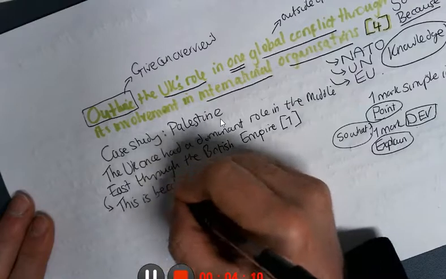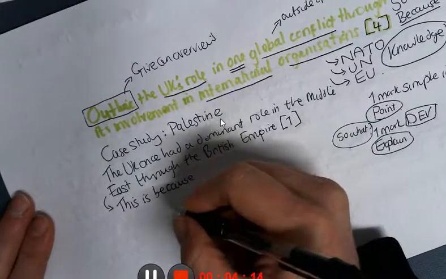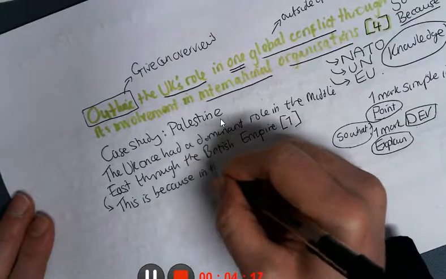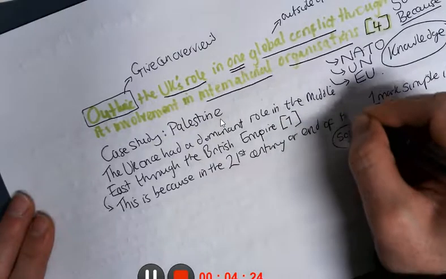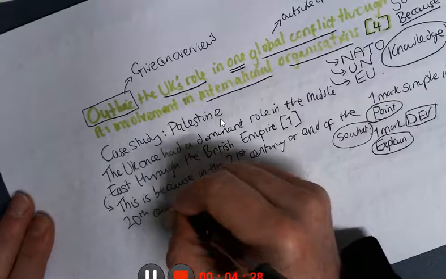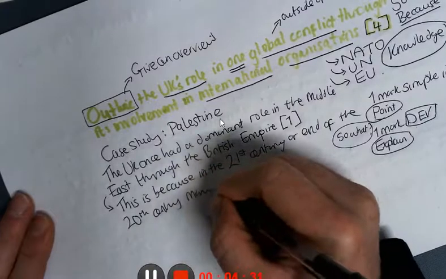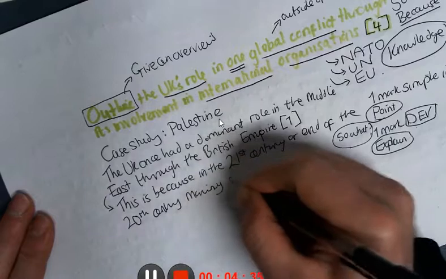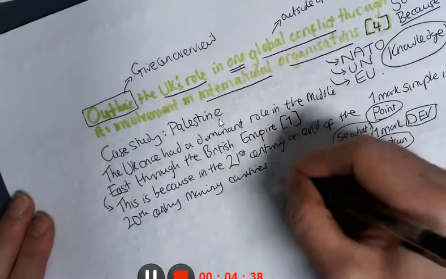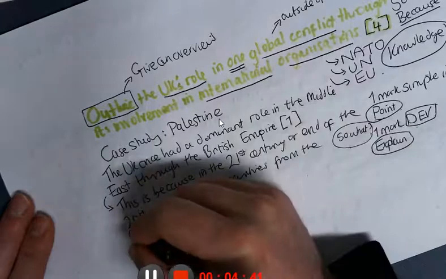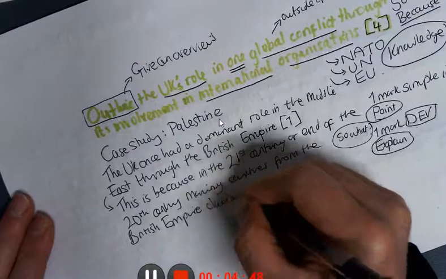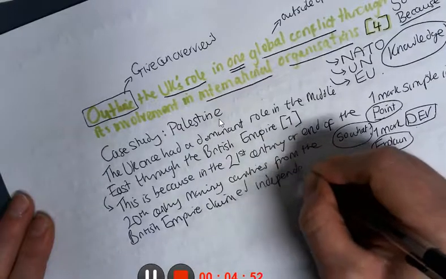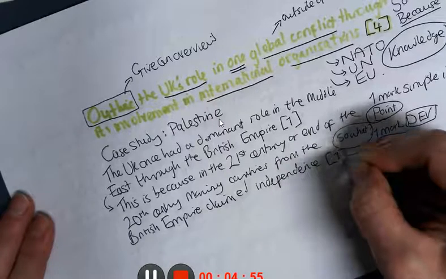This is because, there's our connective, or this shows that, or this is because in the 21st century or end of the 20th century, many countries from the British Empire claimed independence. One mark there.